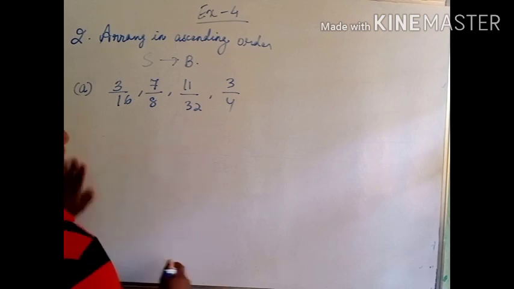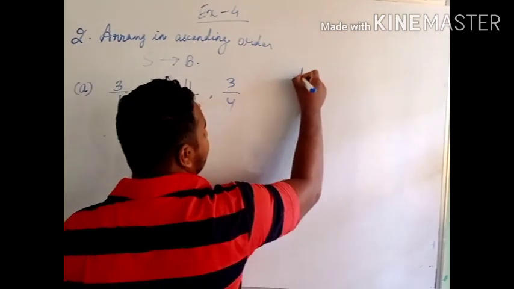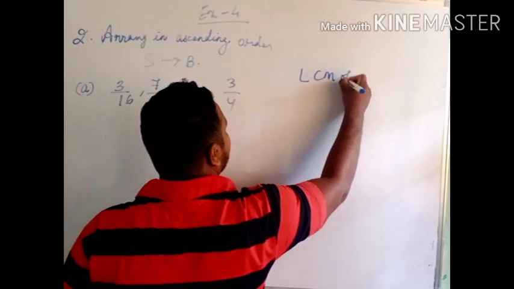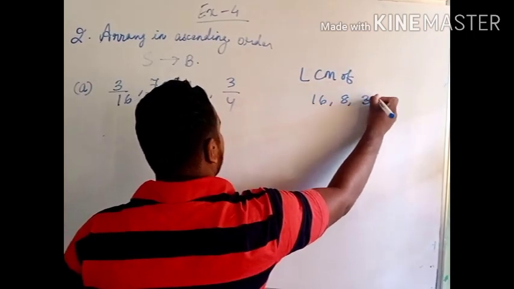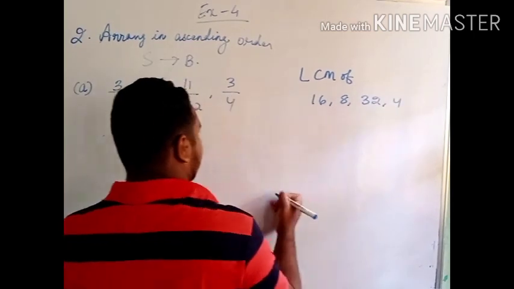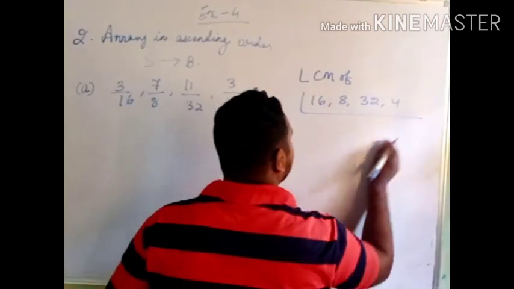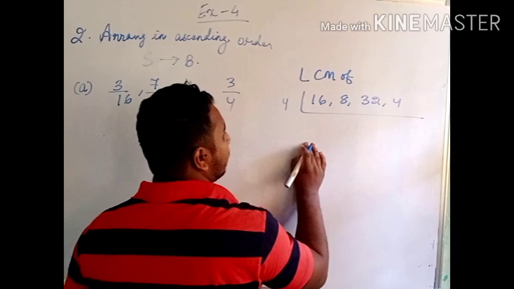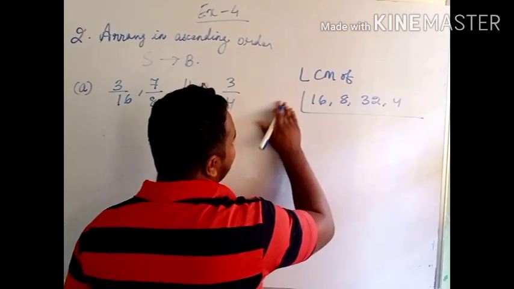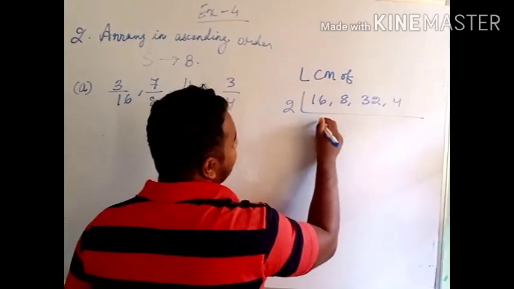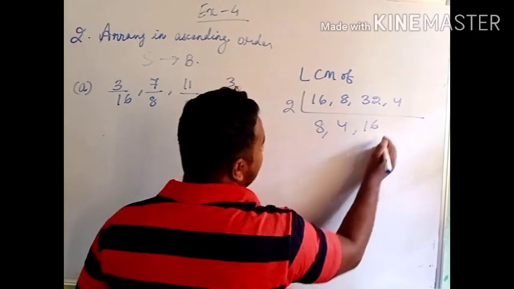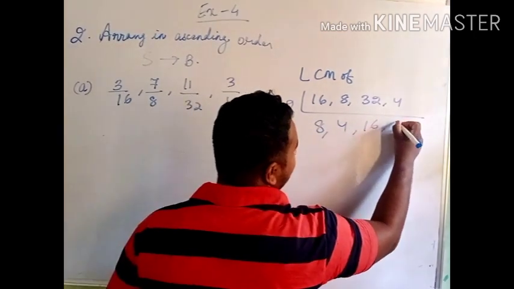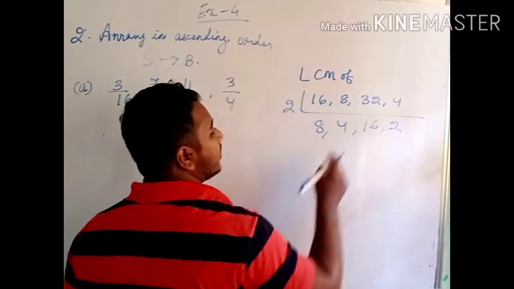So we will write here in the rough, LCM of 16, 8, 32 and 4. Clear? Now 4 table. 4 8 is 2 table, because this is prime factorization.